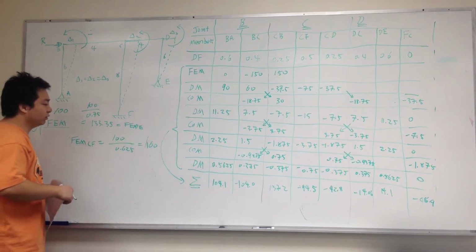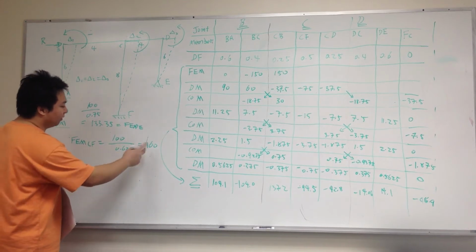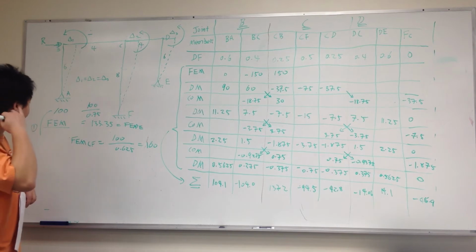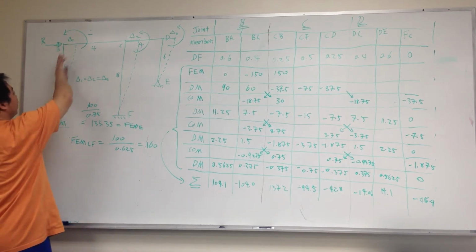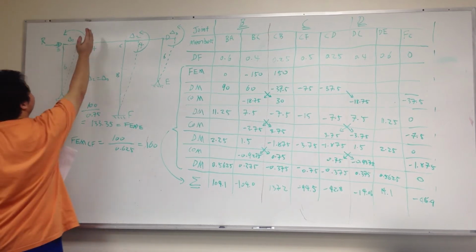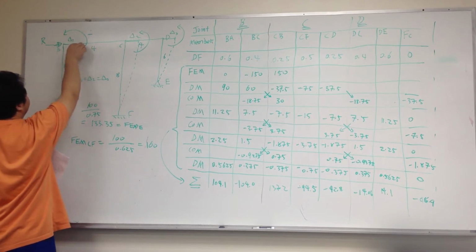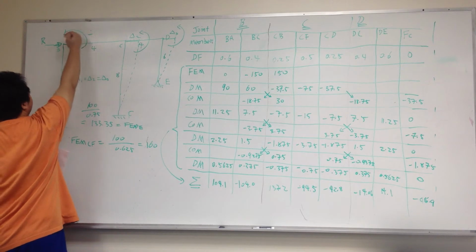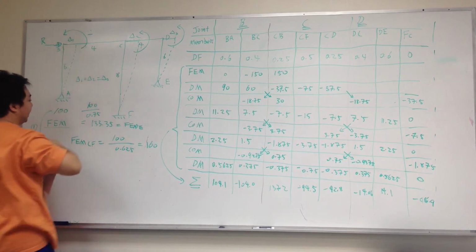You have to determine whether this is positive or negative. How are you gonna do that? This is gonna sway this way. That's why you need some moment acting this way to bring this back to the original position. And this moment is counterclockwise, so it's negative.